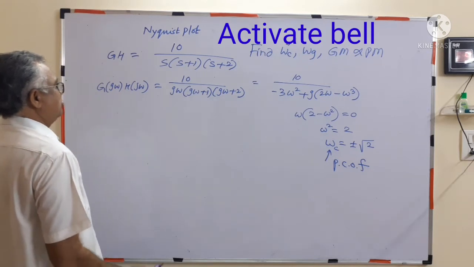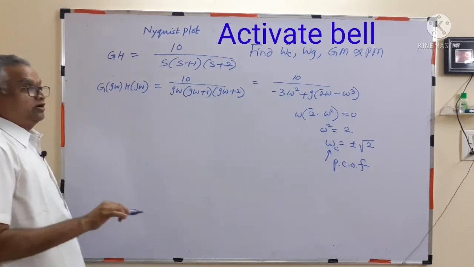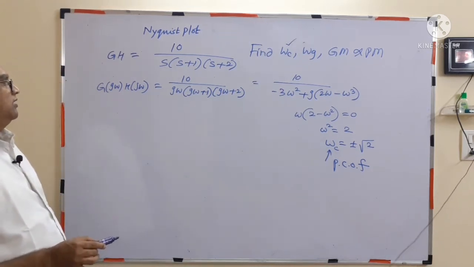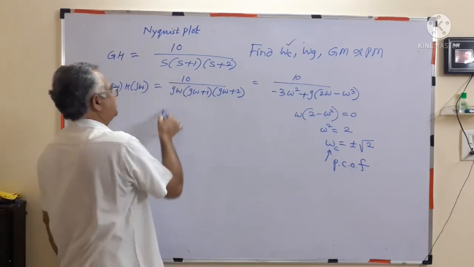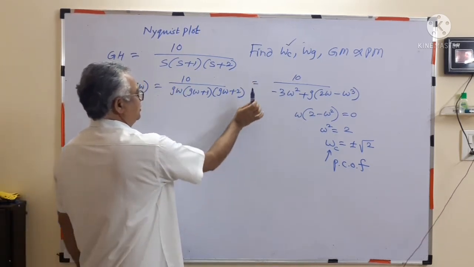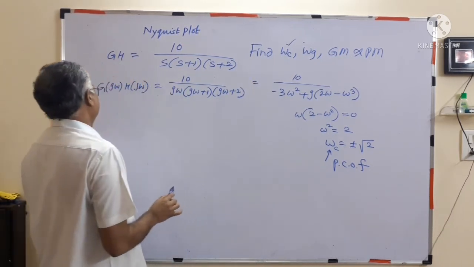Omega g. What is omega g? It is the gain crossover frequency. It is the frequency at which magnitude is equal to 1, or gain is equal to 1.